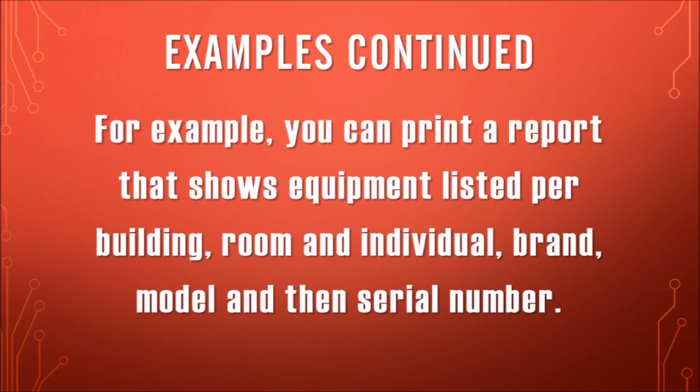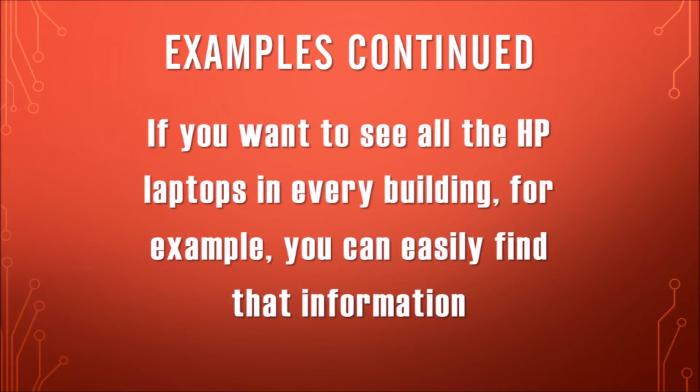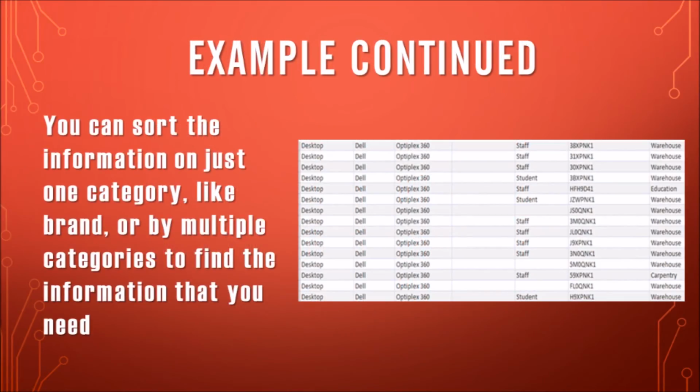For example, you can print a report that shows equipment listed per building, room, individual, brand, model, or serial number. If you want to see all the HP laptops in every building, for example, you can easily find that information. You can sort the information on just one category, like brand, or by multiple categories to find the information that you need.